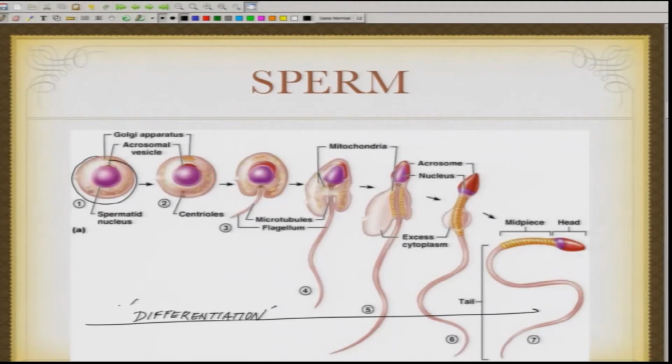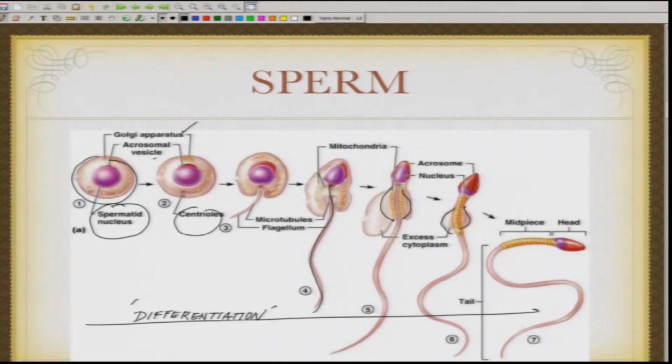Okay, so you have the Golgi apparatus, the acrosomal vesicles, the spermatid nucleus, the centrioles, then the microtubules, and from here comes out the tail of the sperm, and this excess cytoplasm eventually merges like this, which you can see here.